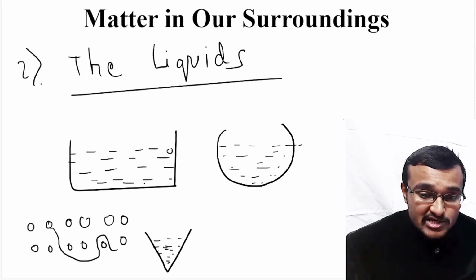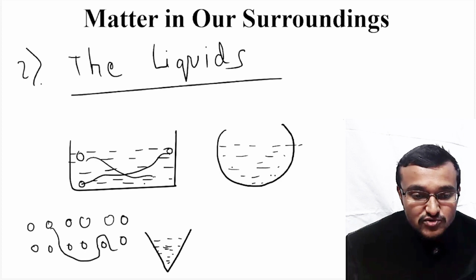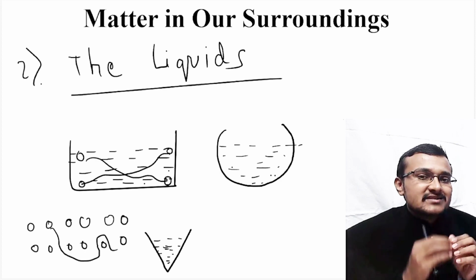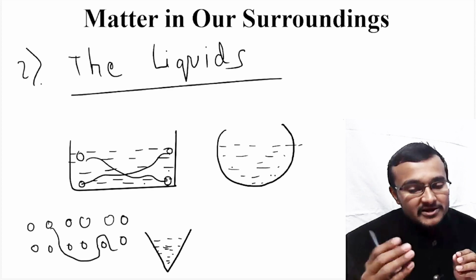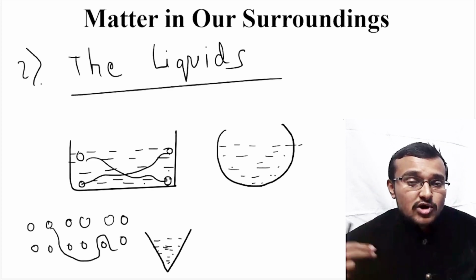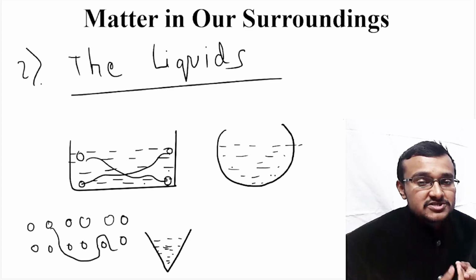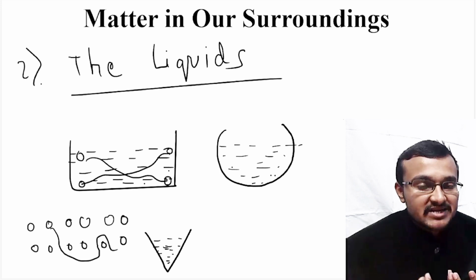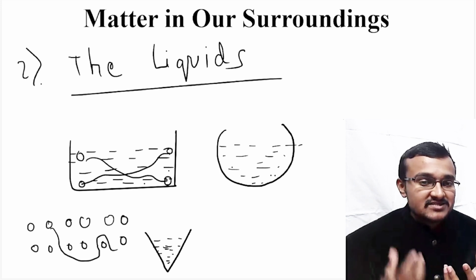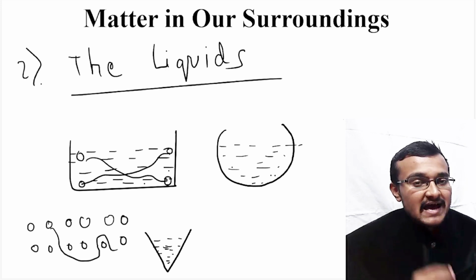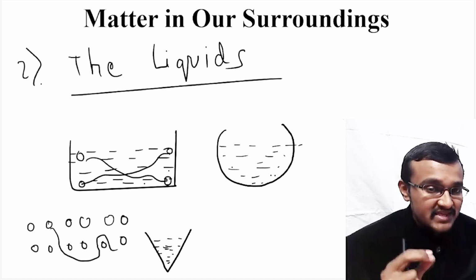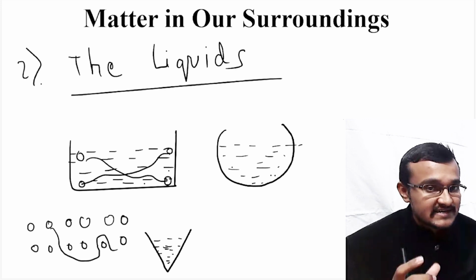A water molecule in this position can move to this position, and a particle in this position can move to this position. These particles in the liquid can move across the matter because there is a lot of space present in the water. Hence, water or any kind of liquid cannot have a definite shape. They take the shape of the container.